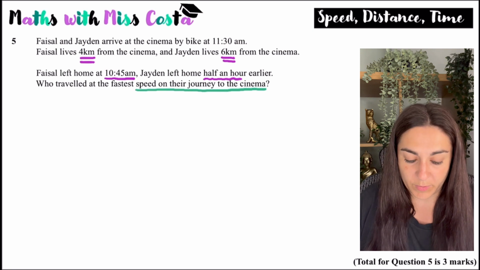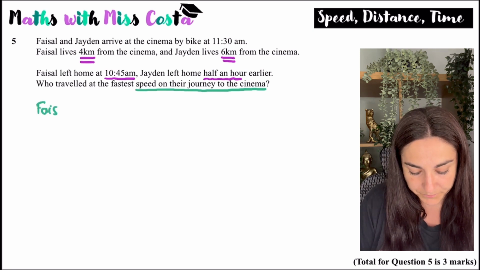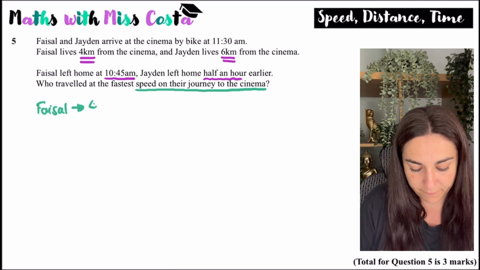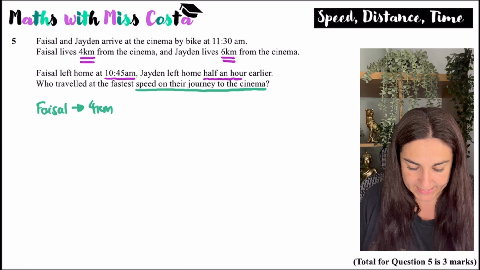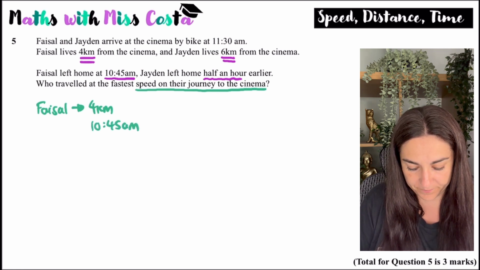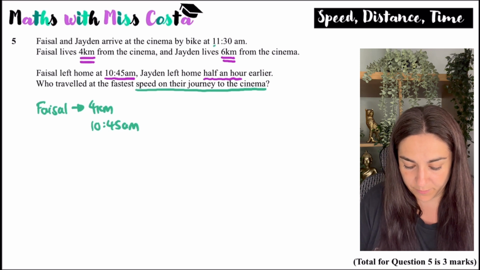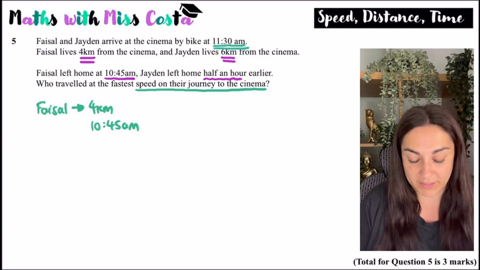So we probably want to do some fact finding and write down the information that I know. So Faisal, he lives 4 kilometers from the cinema, and he left at 10:45 a.m. If they both arrive by 11:30 a.m., I can figure out how long it must have taken him.